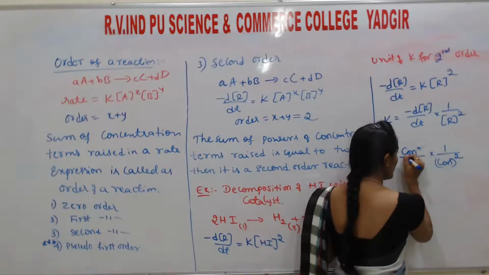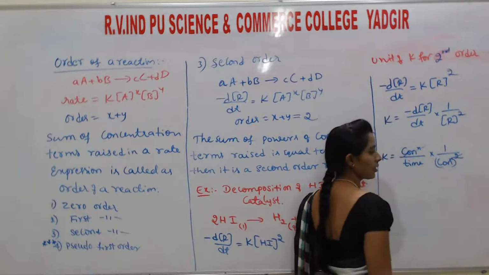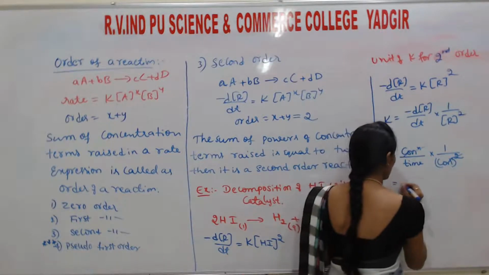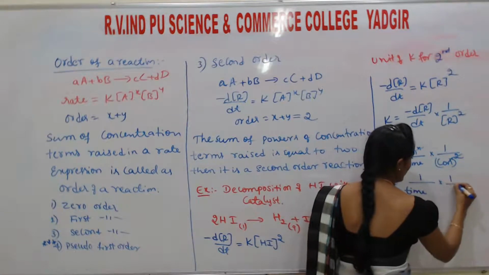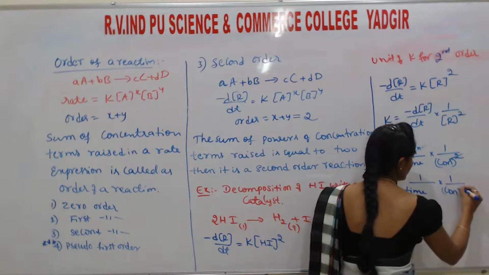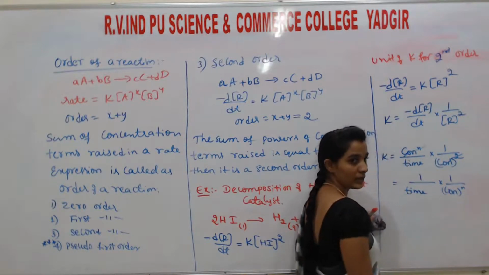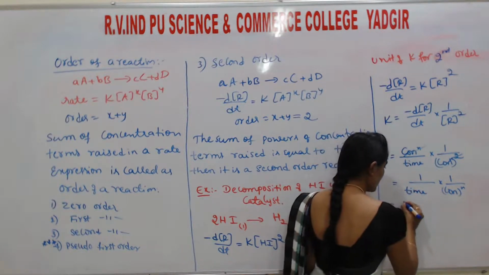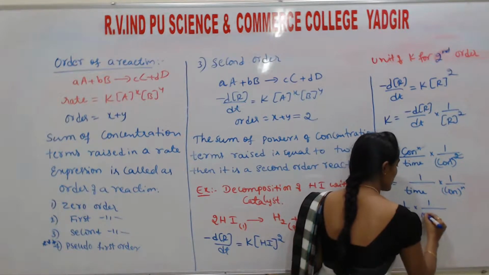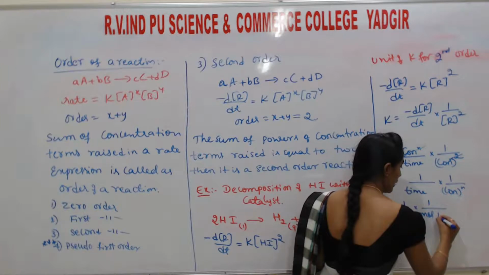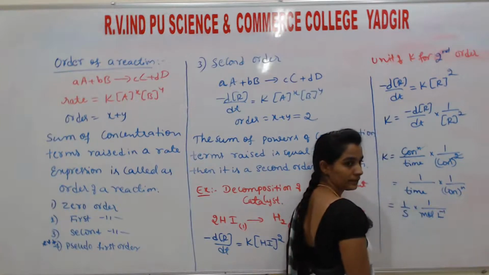So one concentration and the concentration square get cancelled, and it is equal to 1 divided by time into 1 divided by concentration. So 1 divided by time means 1 per second, into 1 divided by concentration, which means liter per mole.